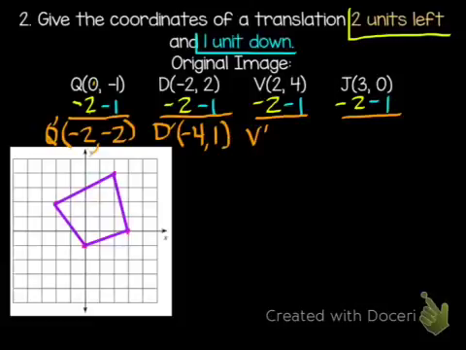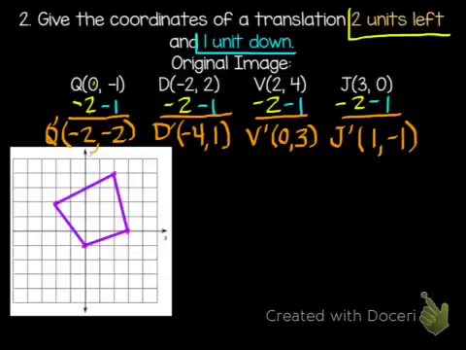For V, we've got 2 minus 2, so we're at 0, and then 4 minus 1 is 3. And then the image of J is going to be located at 3 minus 2, which is 1, comma, 0 minus 1 is -1. So now we're going to plot those points on our graph.